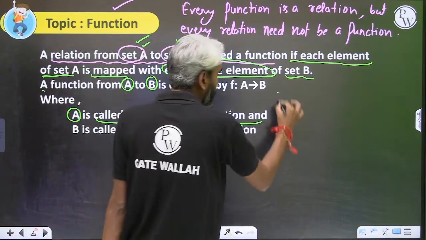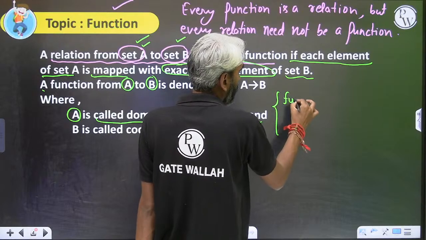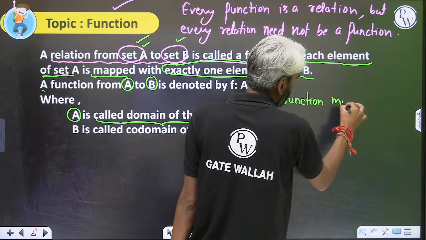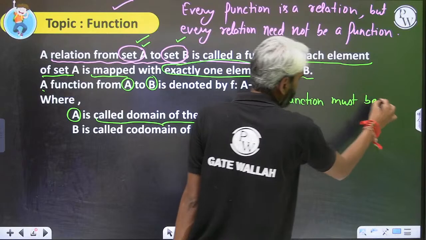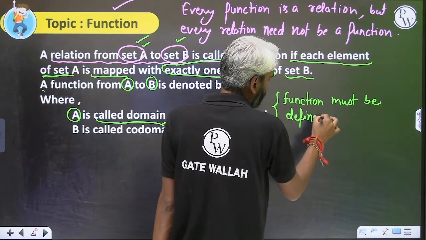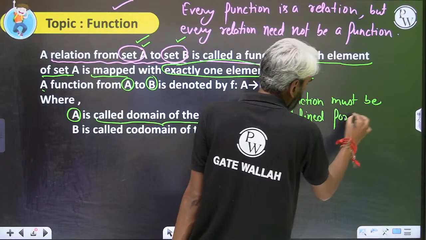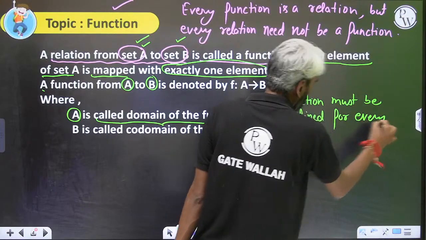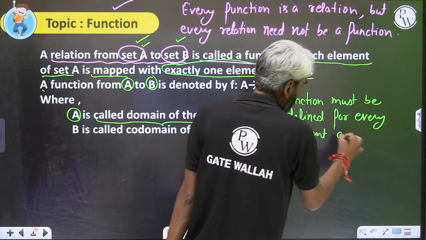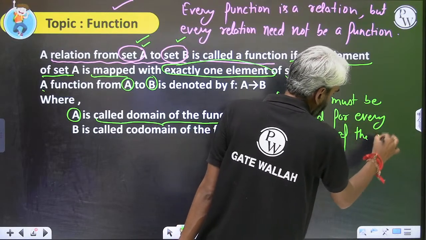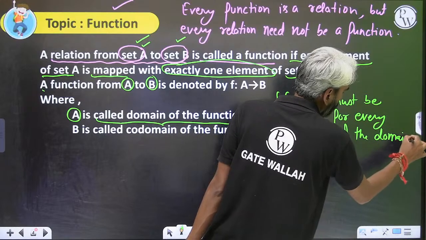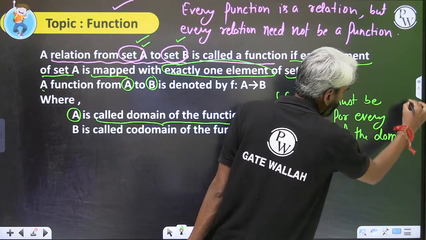Please try to understand. Function must be defined for every element of the domain. There should not be any element in the domain for which the function is not defined.